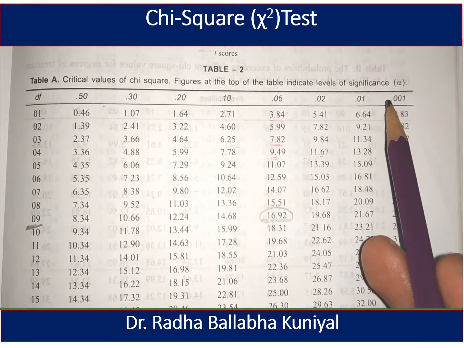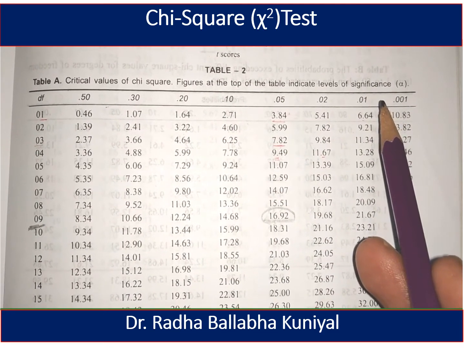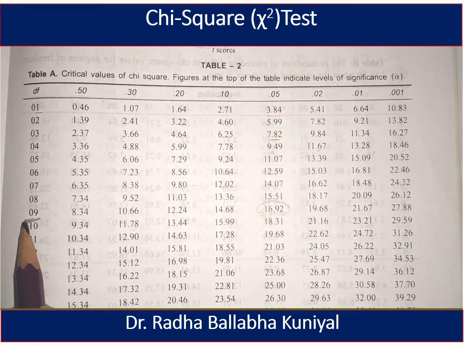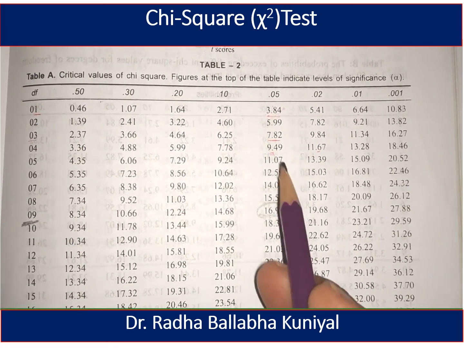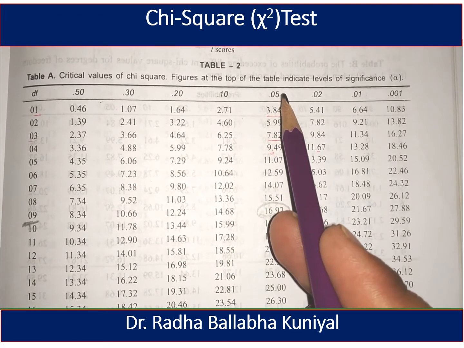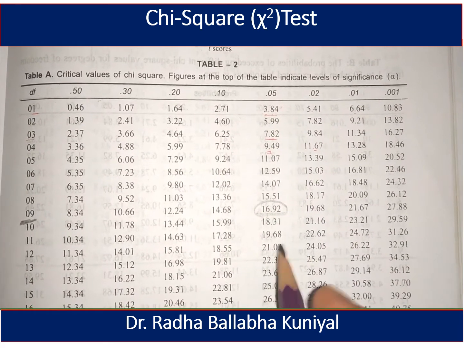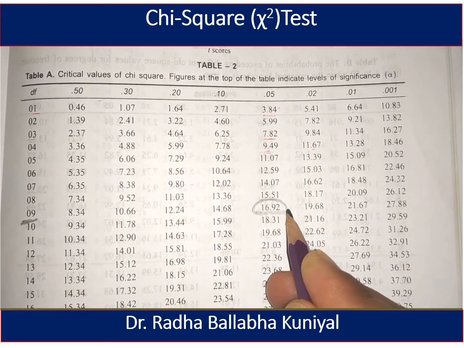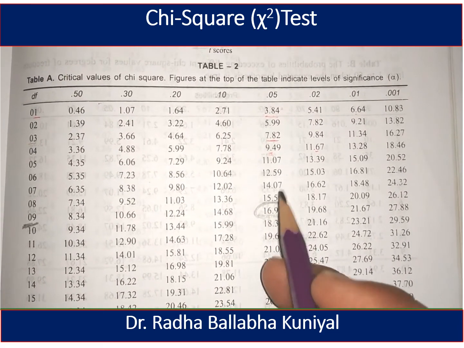We have to check the tabulated value or critical value of chi-square at 9 degrees of freedom at the 0.05 level of significance, and here the critical value is 16.92 in the chart.